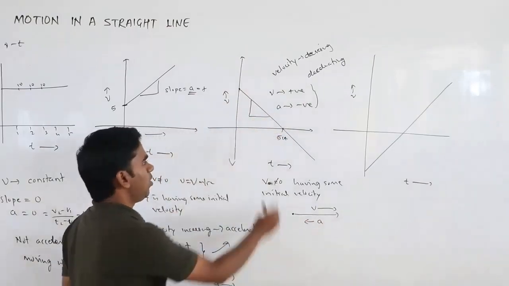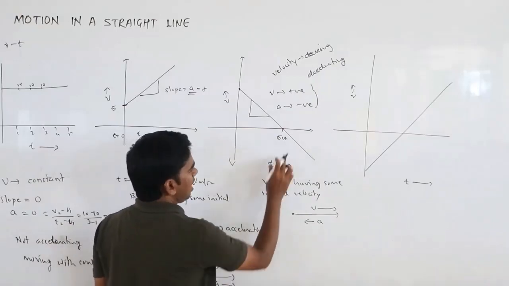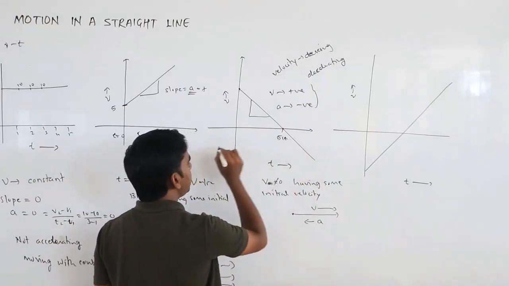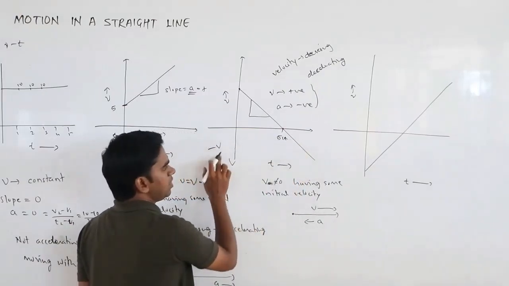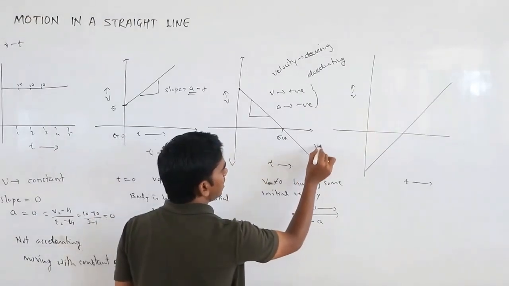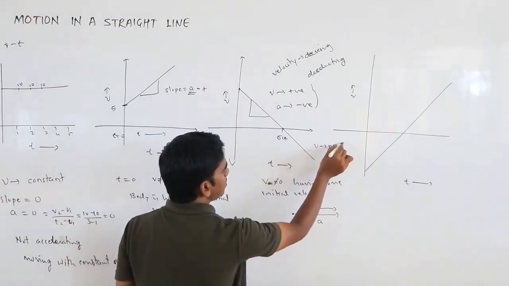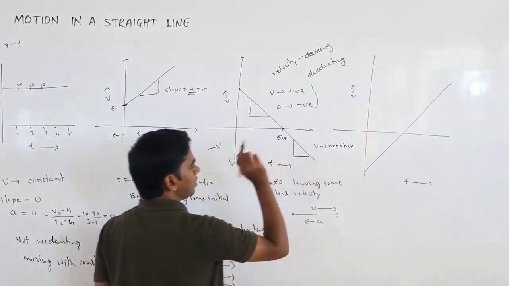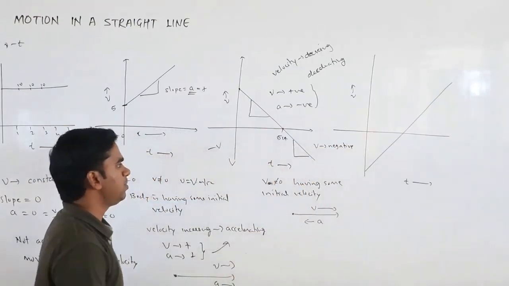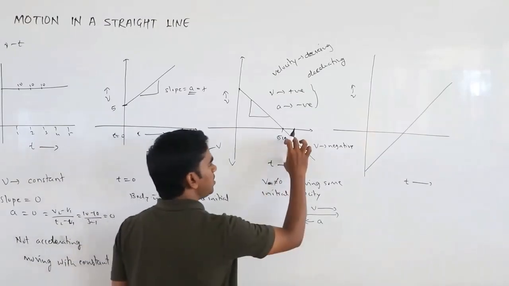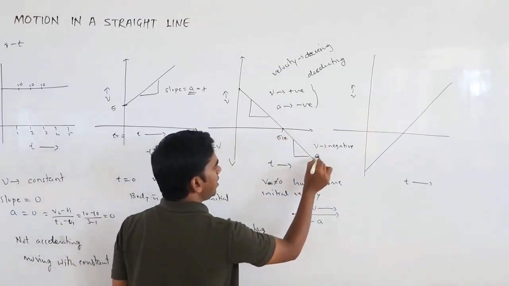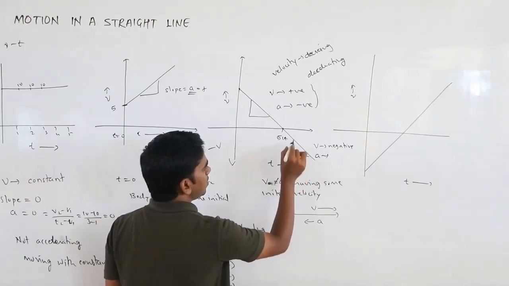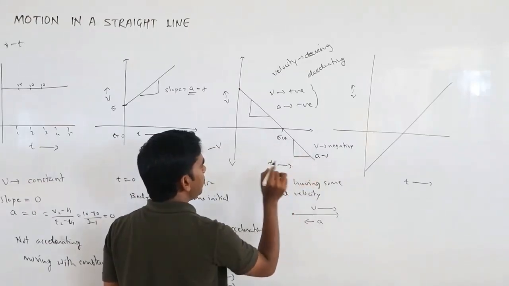Now after 5 seconds, what will happen? V is becoming negative. Here v is negative. If you take the slope, the slope, a, is also going to be negative. Here v1 is less than v2.